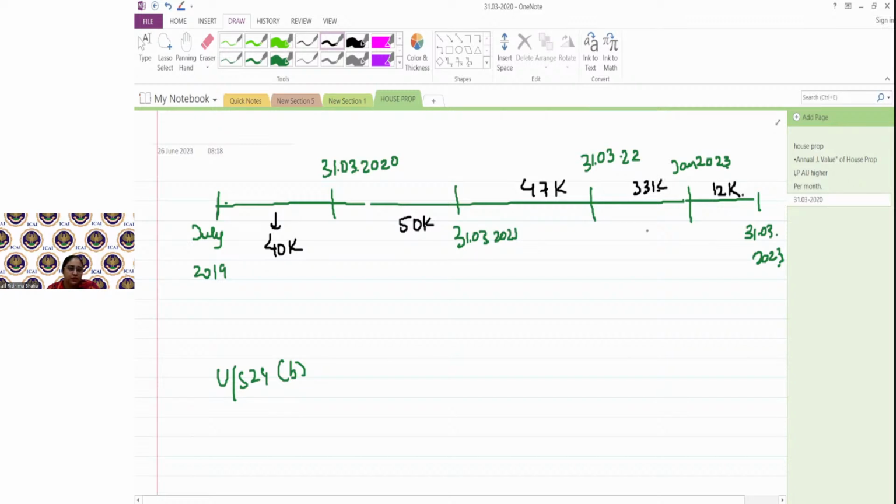Going forward it is 12,000. ठीक है, total is 40. Now you have to tell me what is the total 24B ka deduction, and we'll be back after the break and we'll discuss who got it right.